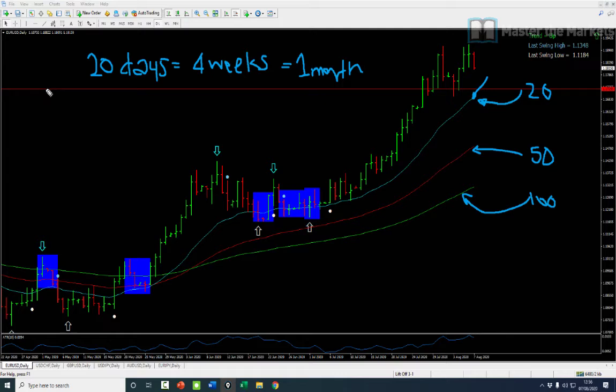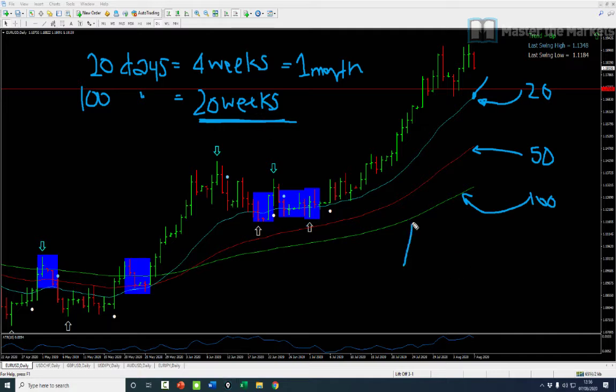Then let's look at the 100. Why do we use the 100 on the daily chart? Well, 100 days is the equivalent of 20 weeks, because remember, 5 trading days in a week. So this 100 period moving average is telling you the 20 EMA on a weekly chart.